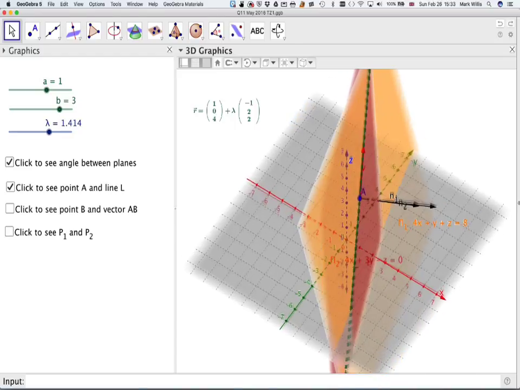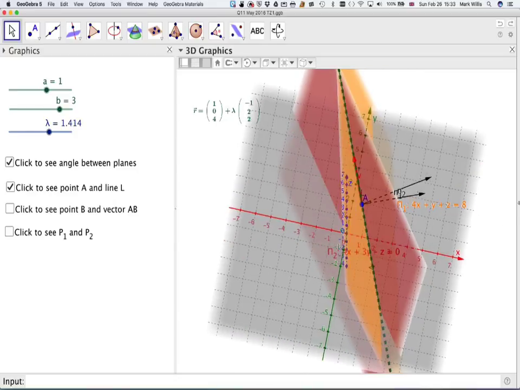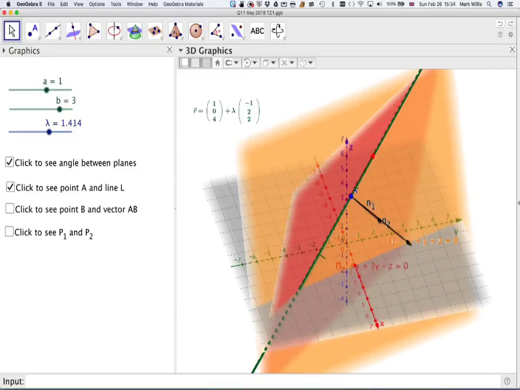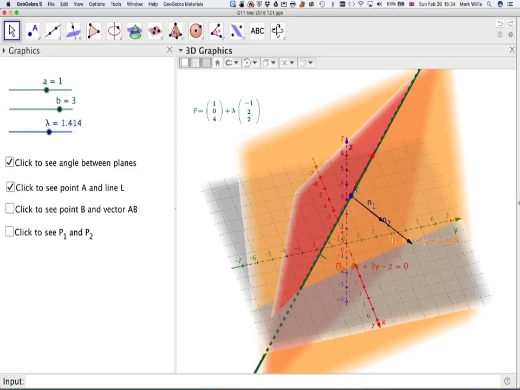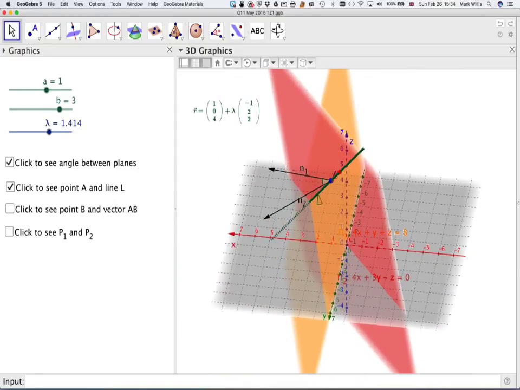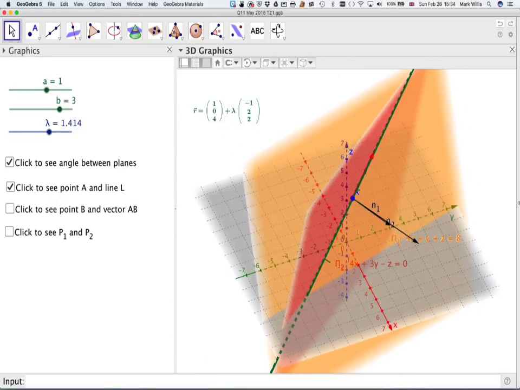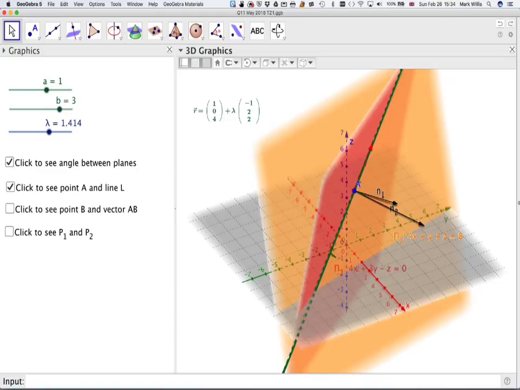And if we look more carefully, it's not quite so easy, but we can see that the vector v is at right angles to both normals of the plane. And there is the point A. So that gives me the vector equation of the line of intersection of those two planes.